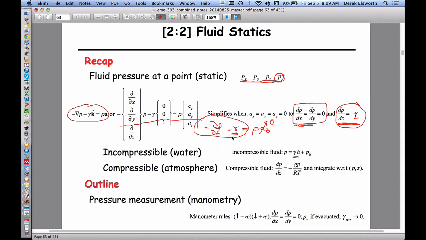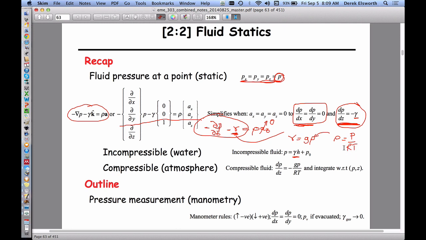And so what we do is replace the unit weight, which is equal to gravity times density, by the ideal gas law, which we can rewrite as density equals pressure over RT.